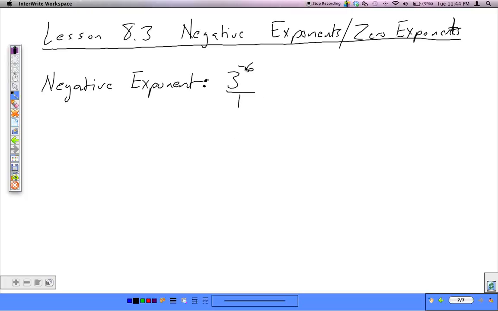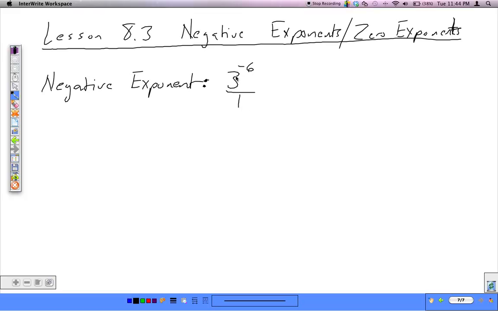Now what the negative exponent does is we have to make it into a positive exponent. And by rule, which I'll prove to you here in a little bit, what you're going to have to do is move this to the bottom. Okay?